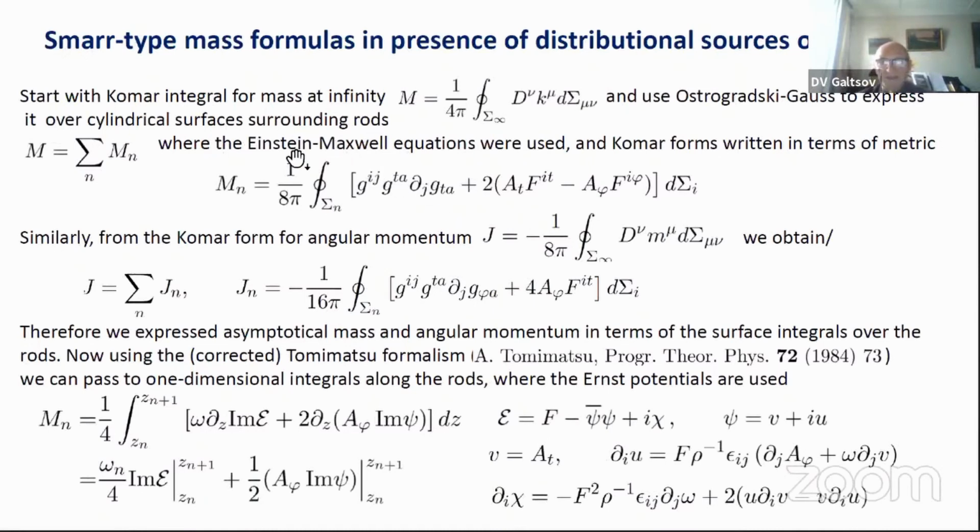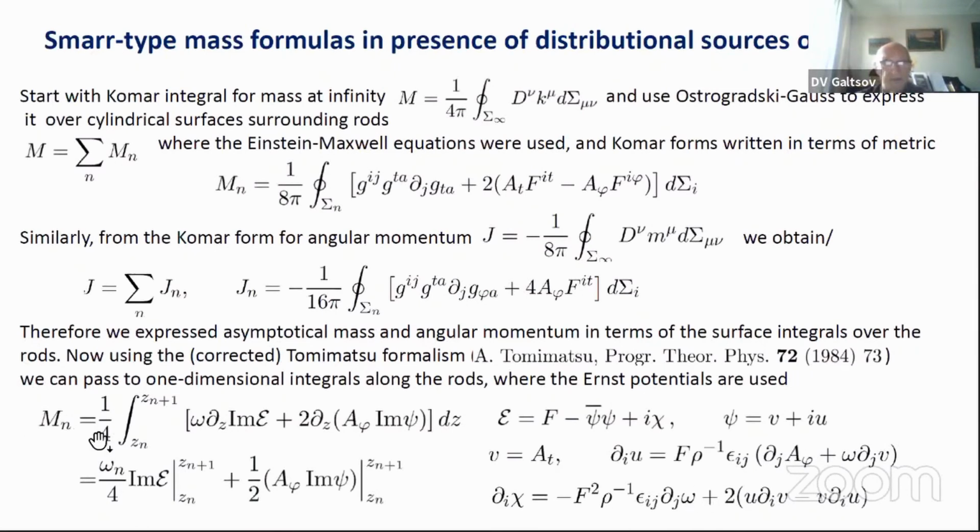This is the Einstein-Maxwell system, so this is the standard Ernst potential, related to the electric component of the field, and the dualized U, which is another component of the vector potential dualized to the magnetic potential, and the twist potential, which is the dualization of the rotation function omega.